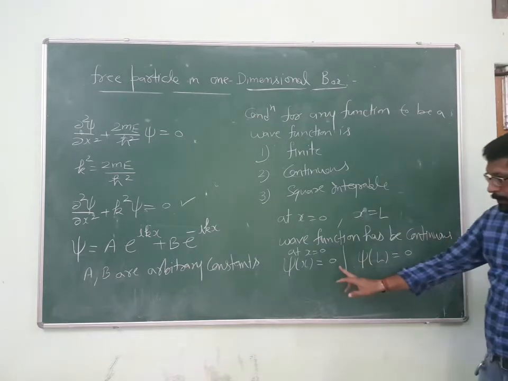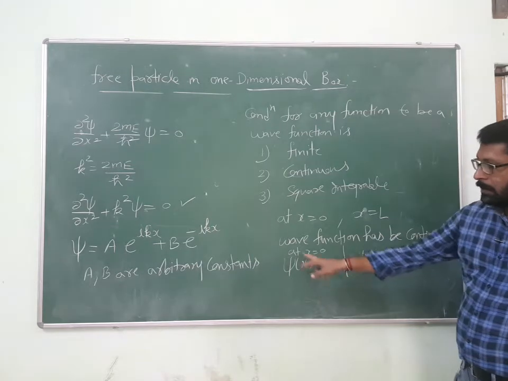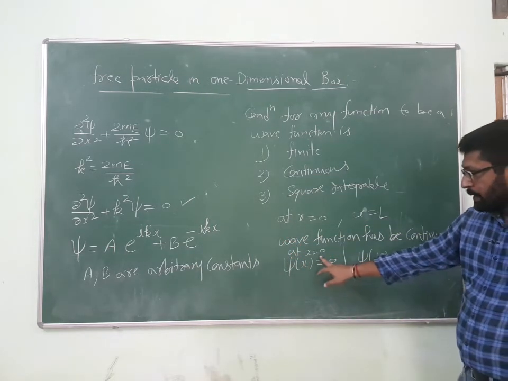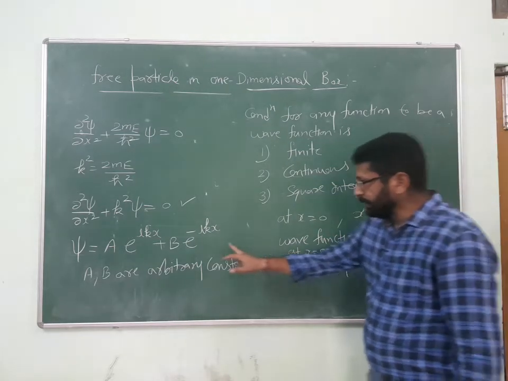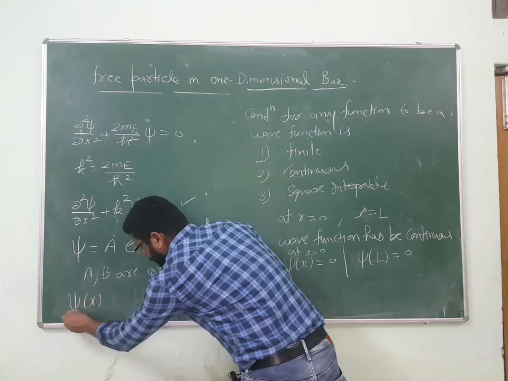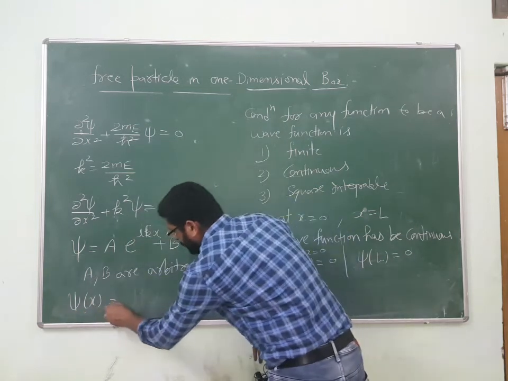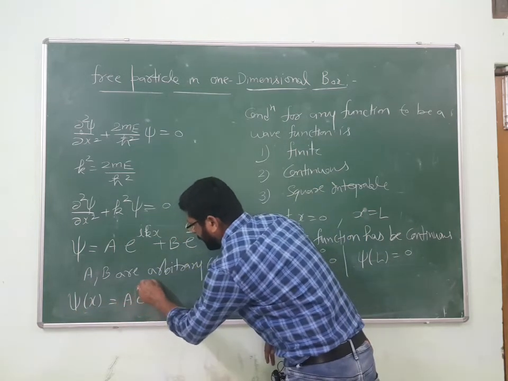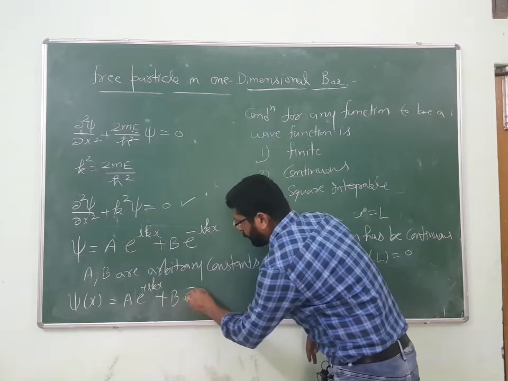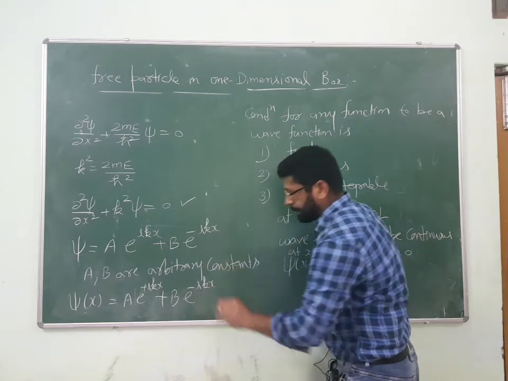Now we substitute these two conditions one by one in this equation, which is our solution. When we substitute x equal to 0, ψ is a function of x, which is A exponential iota kx plus B exponential minus iota kx.